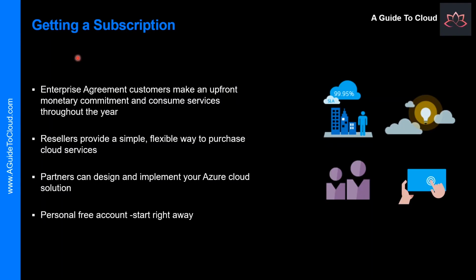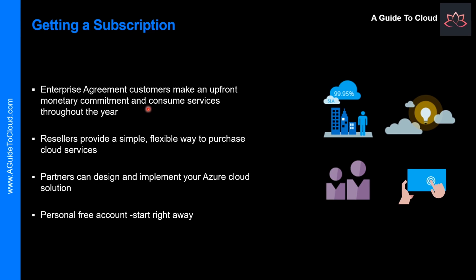And let's learn about how you can get an Azure subscription. There are several ways to get an Azure subscription: enterprise agreement, Microsoft resellers, Microsoft partners, and a personal free account. So let's talk about an enterprise account.